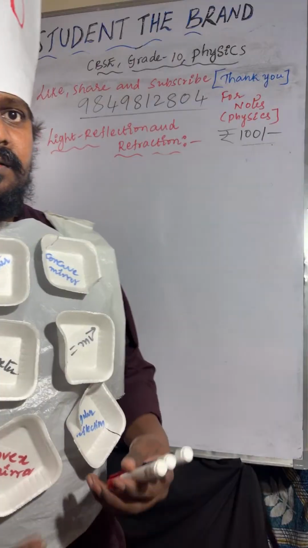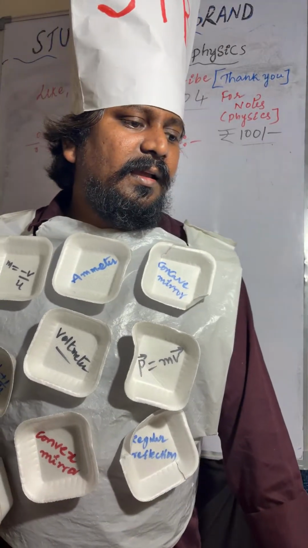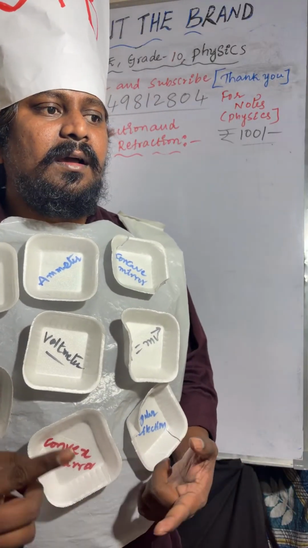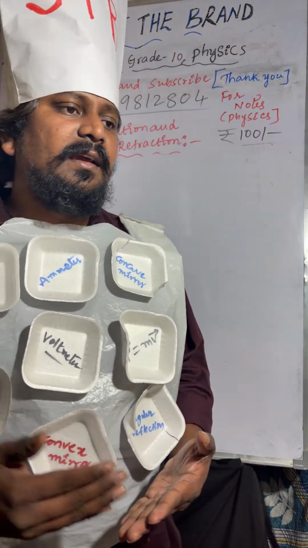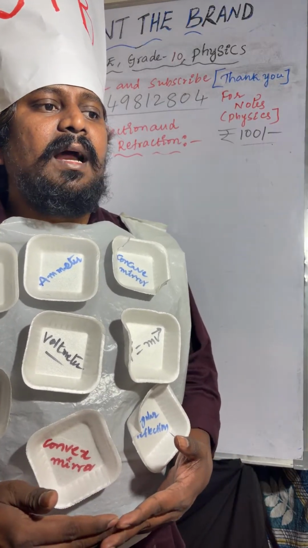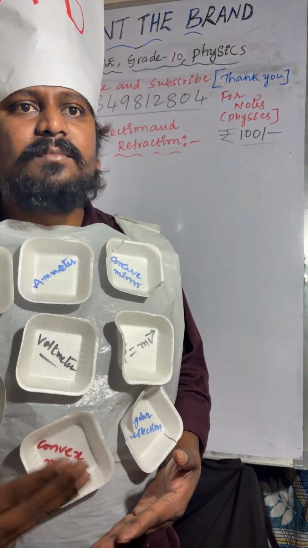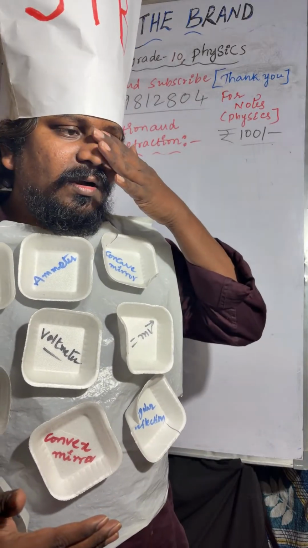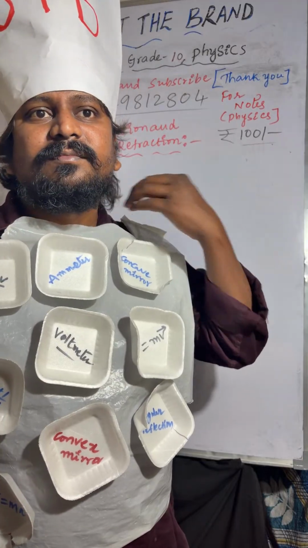In this topic, we will discuss briefly the reflection of light: regular reflection, irregular reflection, laws of reflection, angle of deviation, and object and image. After that, the characteristics of the image formed by the plane mirror.